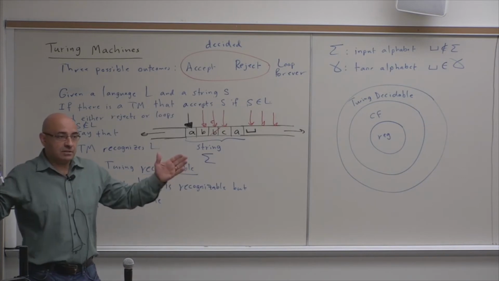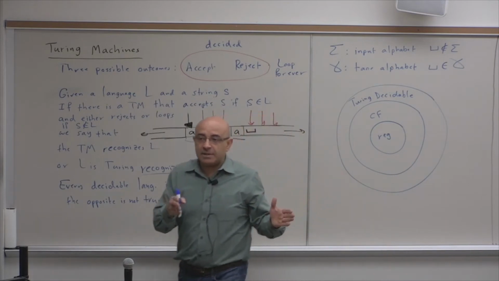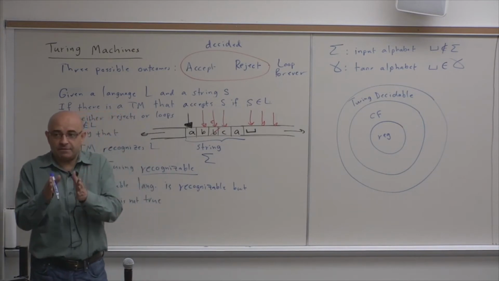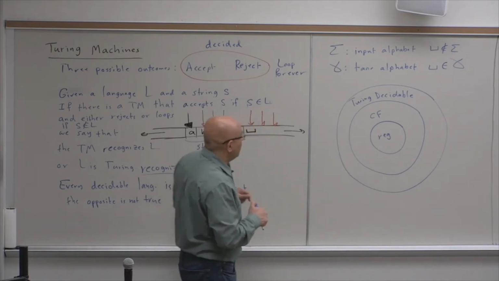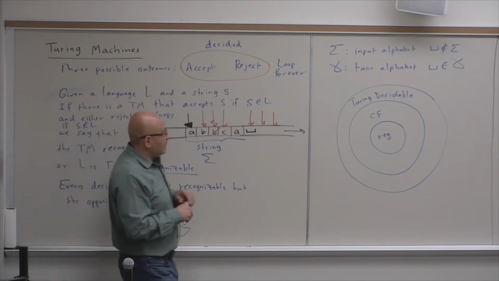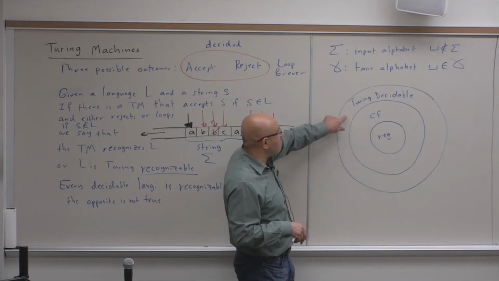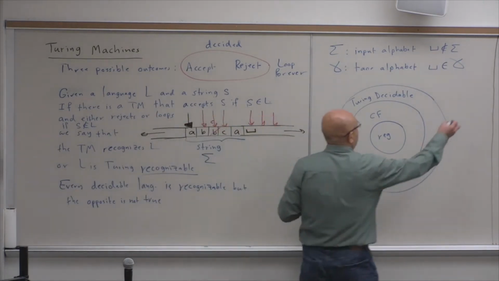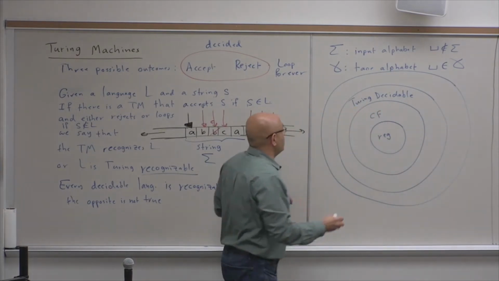The Turing machine is more general, it has more features, so it just uses a subset of the features that it has. So it's easy for the more powerful machine to simulate the less powerful machine. That's why the set of regular languages and context-free languages is a subset of the set of Turing decidable languages, and the set of Turing decidable languages is a subset of what? Turing recognizable.